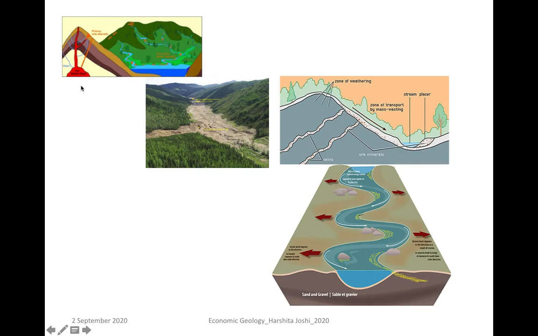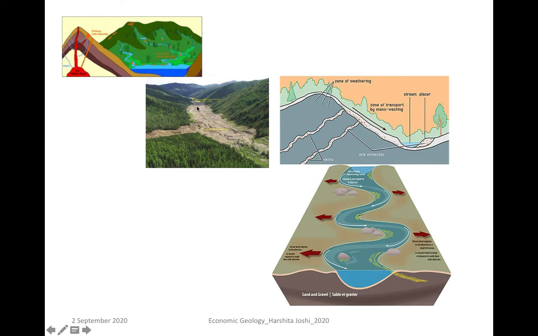Say for example, if magma came, cooled and then formed various sulfide deposits here, they may be present in this region. From here, the rivers erode the material, they bring it downstream.